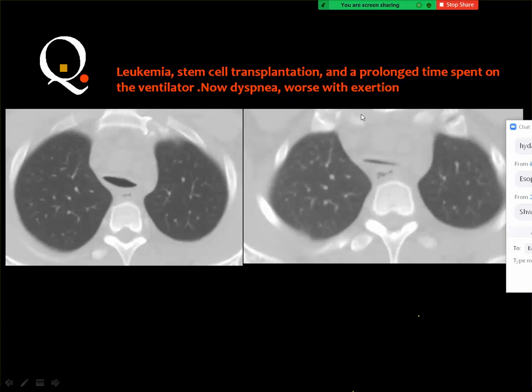This patient has leukemia, with stem cell transplantation and prolonged time spent on a ventilator. Now he has dyspnea, worse with exertion.